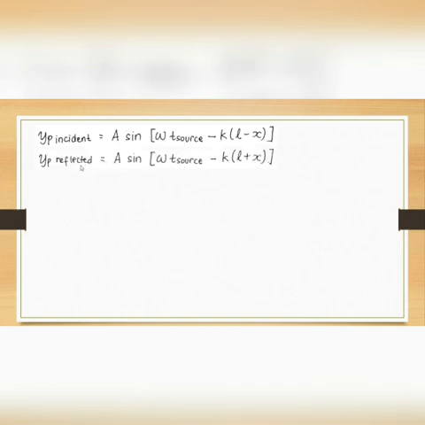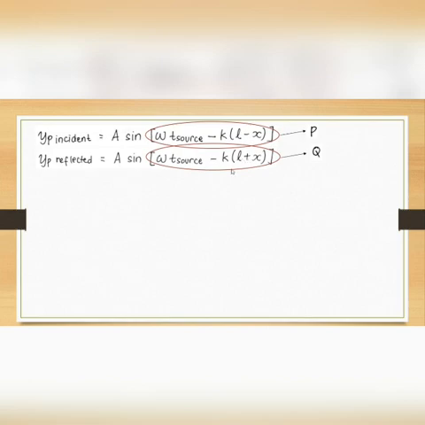And the reflected wave will be A times the sine of omega t source minus k times L plus x. This will be positive because, as I told you before, there is zero phase change. So I can assume this to be P and this to be Q.